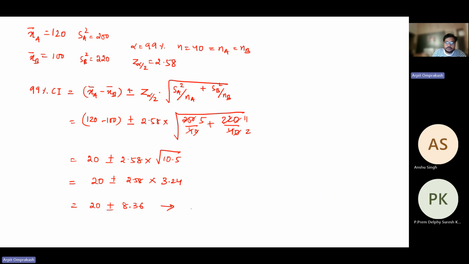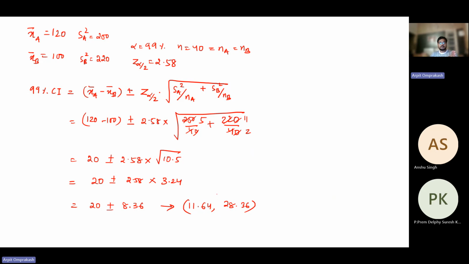So this gives us the range, which is 20 minus 8.36, which is 11.64, to 28.36. Right. So with 99% confidence, the difference between the means of cell line A and cell line B lies between 11.64 and 28.36.